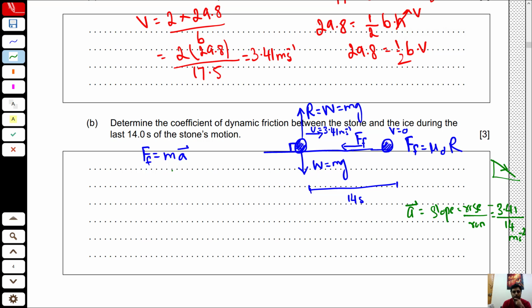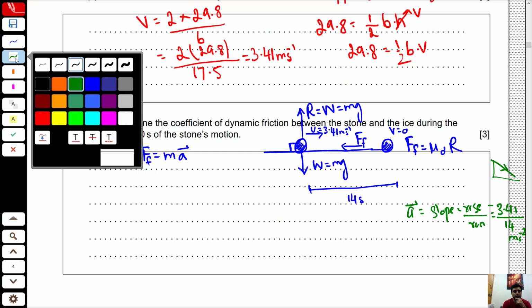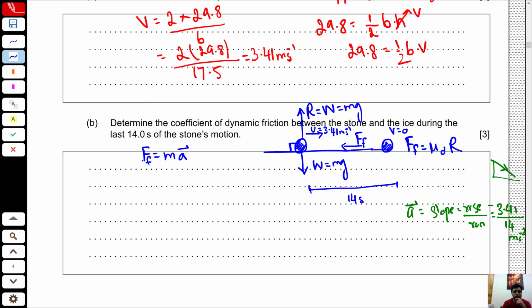Now, in the next step, we know that force equals ma. Deceleration is caused by the frictional force. And do we have any other equation for frictional force? Yes, this one. The frictional force is also equal to mu, the coefficient of dynamic friction, times R. So we can replace this by this equation.